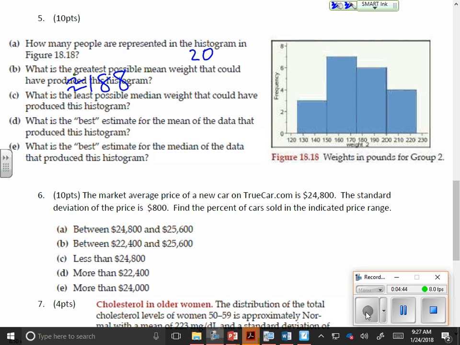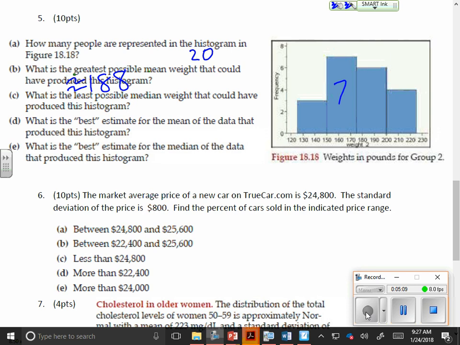So what is the lightest that person 10 could possibly weigh? 150. It's possible that 7 of these would be right at 150, maybe 151. But it's possible that all of them ended up being on this edge as opposed to the upper edge.